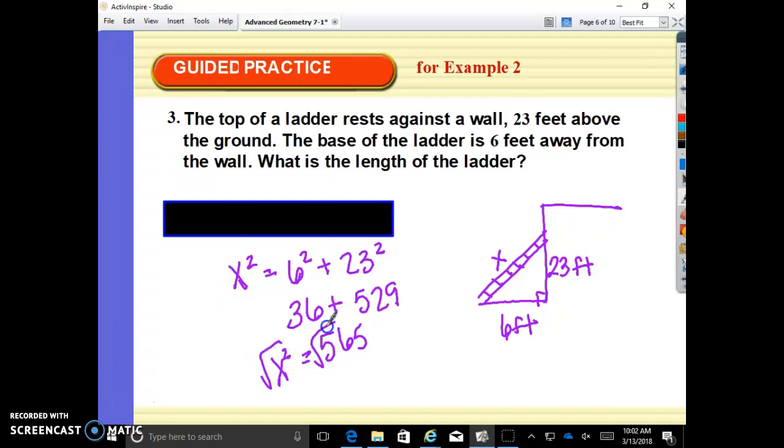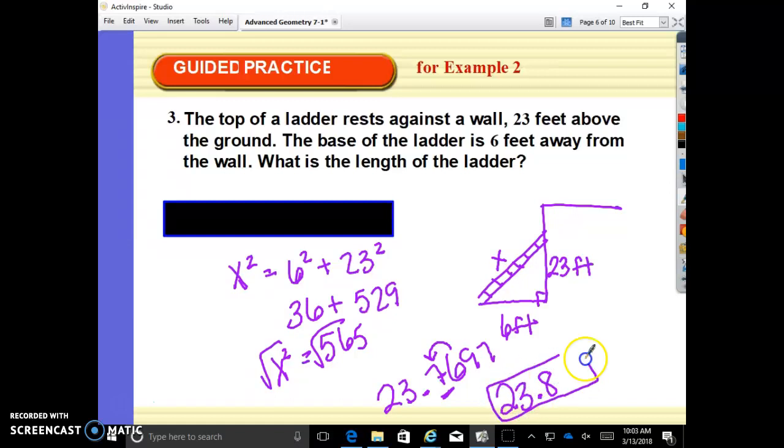And then take our square root. 23.7697 and so on. Round to our nearest tenth. So what is a 6 going to do to the 7? Is it going to leave it alone or is it going to make it an 8? It's going to make it an 8. We round up. 23.8 feet. Keep our units consistent.